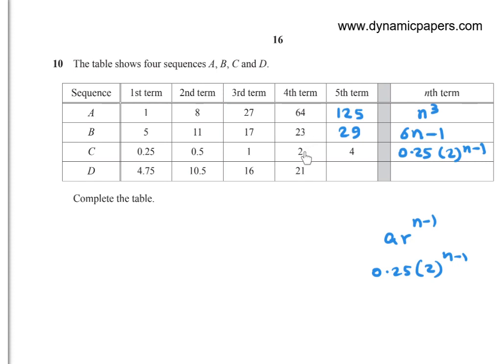If we subtract 23 minus 2, we get 21; 17 minus 1, 16; 11 minus 0.5, 10.5; 5 minus 0.25, 4.75.